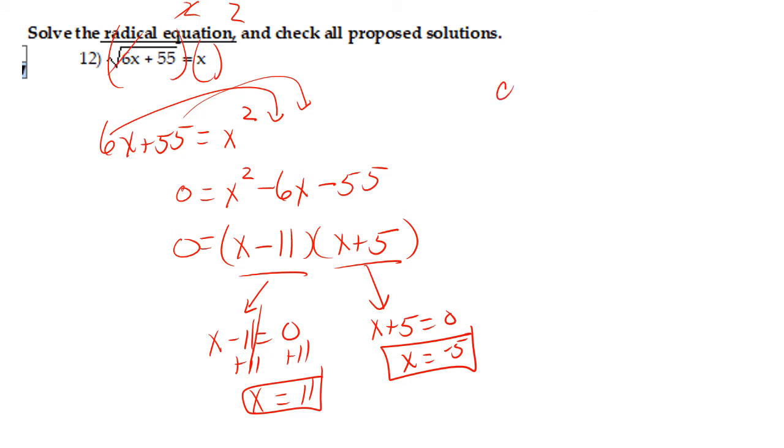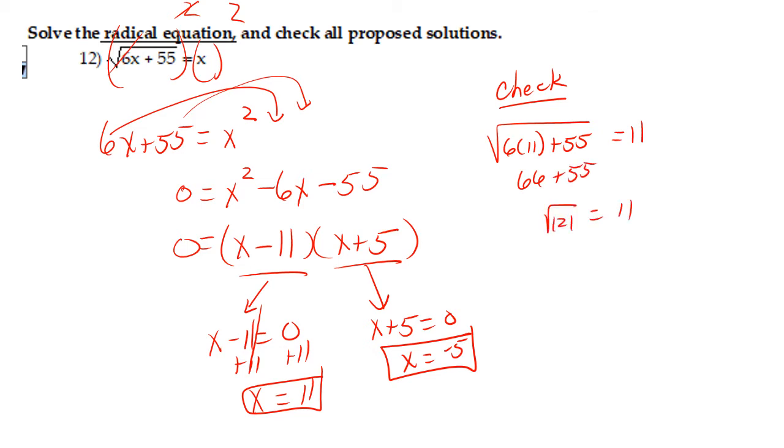Now we must check these. If I take the 11 and substitute into the original equation, I end up with this, which is 66 plus 55, square root of 121 is 11, so that is true. 11 is definitely a solution. But now I must also check the negative 5.